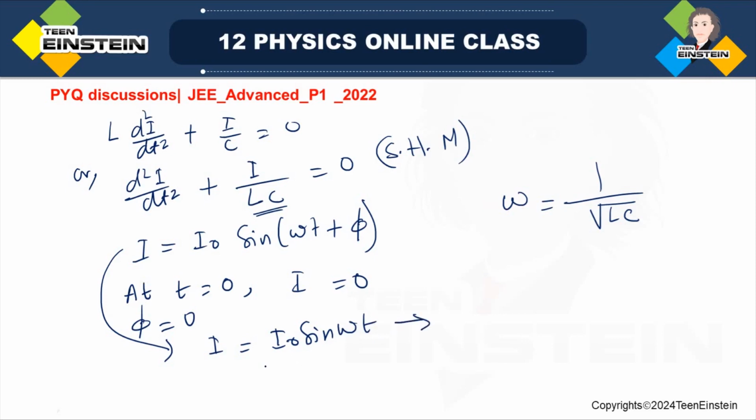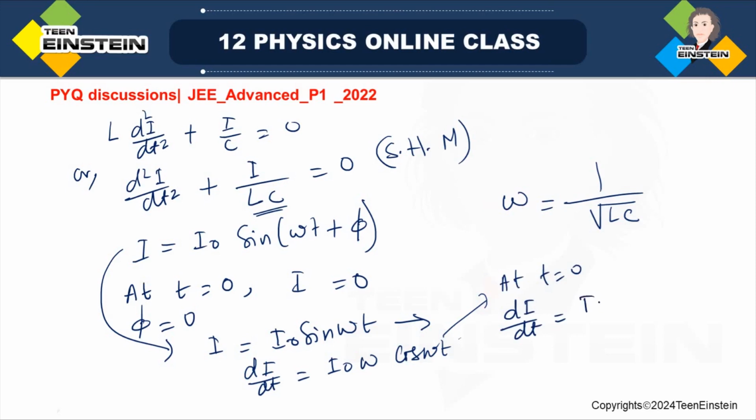If I want to find out what is di dt, can I get that? Answer is yes, I will get that. di dt is equal to I0 omega, and this will be cos of omega t. Now if I find out this di dt at t is equal to 0, then it will be I0 omega.